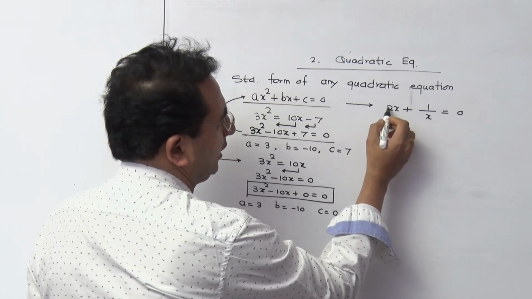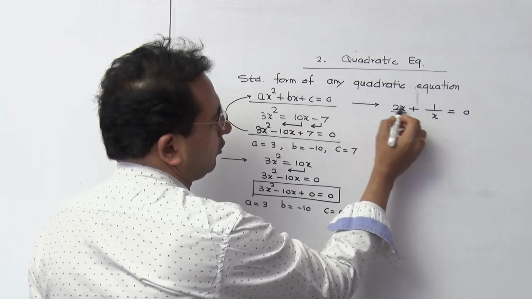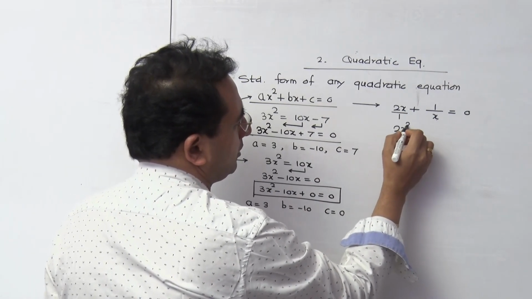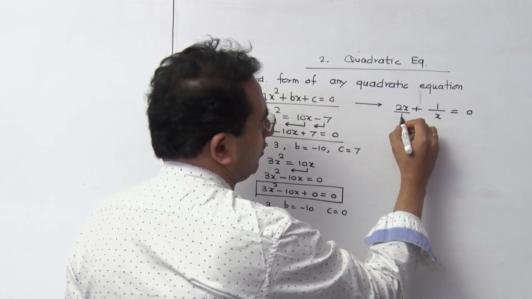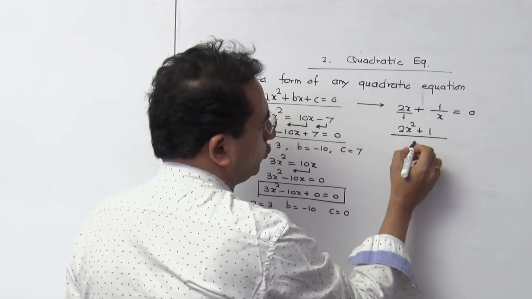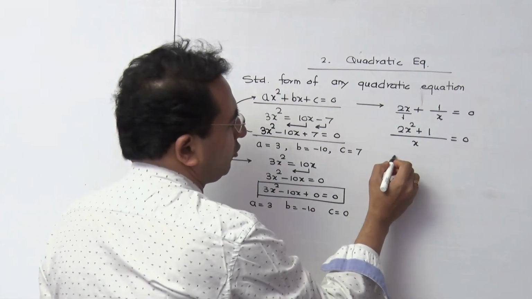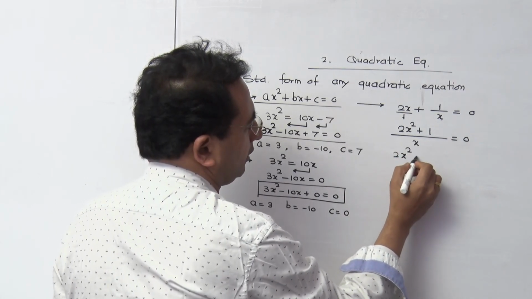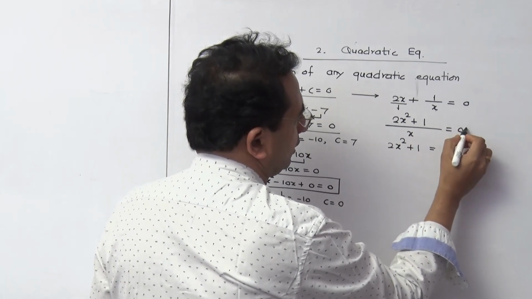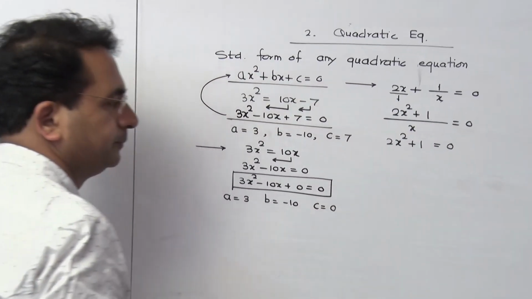I have to cross multiply by considering this as 1. So when you cross multiply, it is going to become 2x square plus 1 multiplied by 1 upon the product of these two, that is equal to 0. So equation becomes 2x square plus 1 is equal to x. If you transfer here, then it is 0 multiplied by x, so answer is 0 only.